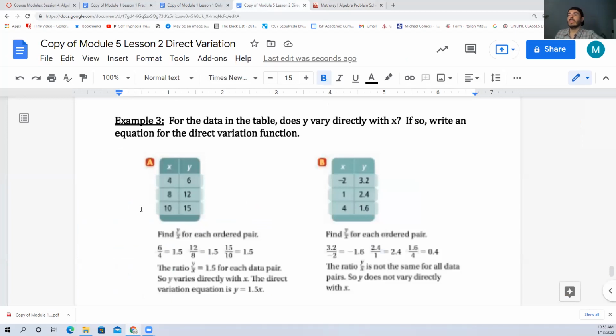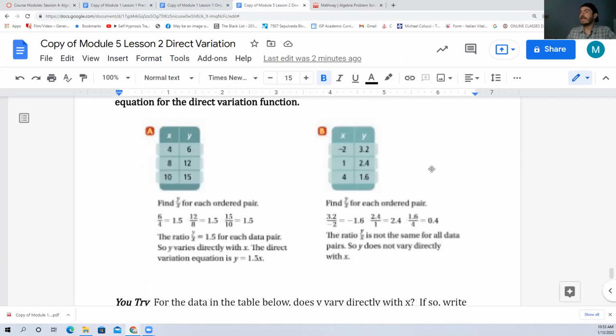Wow, okay. So what does that mean? Well, that means that k is 1.5, right? It was consistent through all of them. So this is a direct variation function, at least for the numbers that they've listed. Okay, B.